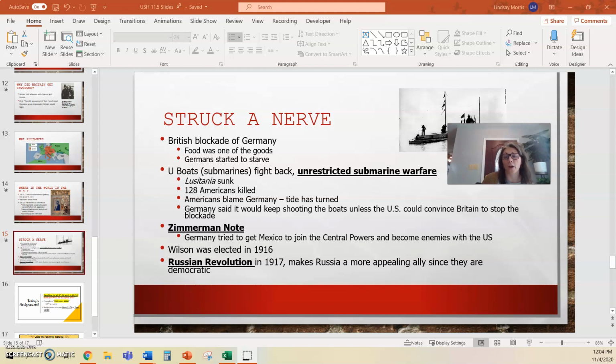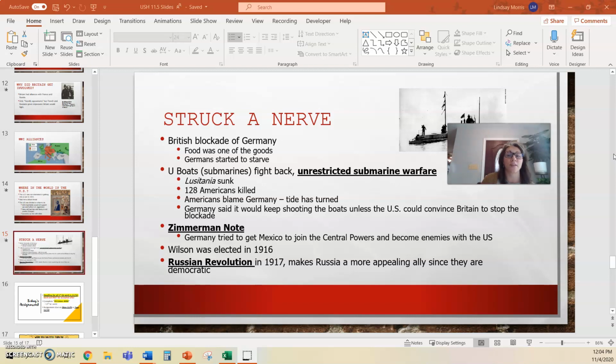They are doing something called unrestricted submarine warfare, where they're basically having a no-rules war with any ships that come along. Anytime a ship is found traveling the Atlantic Ocean, the Germans are attacking them, whether it's an American ship or a British ship, doesn't matter. And that's unrestricted warfare.